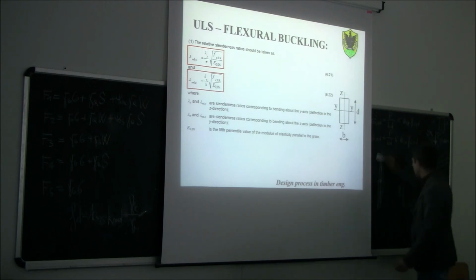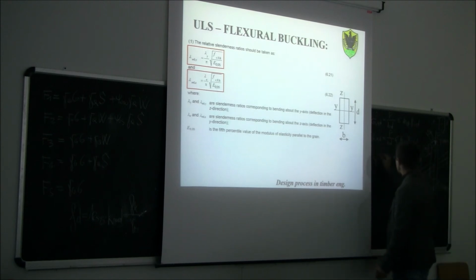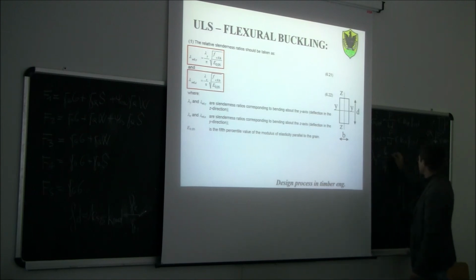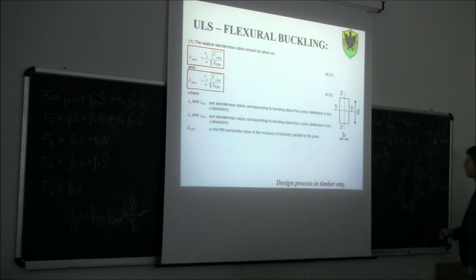Lambda y, now we want to write the slenderness ratio lambda y. So lambda y is the slenderness ratio of our column around the y-axis. The slenderness ratio, we said before, is defined as the ratio between the length of the member and the radius of gyration, rho y. So we say L0y divided by rho y.